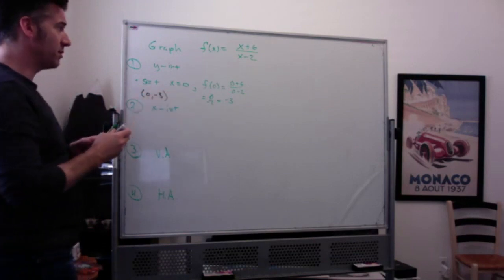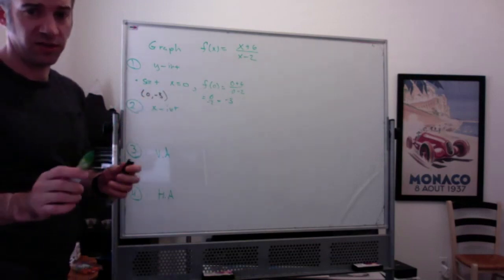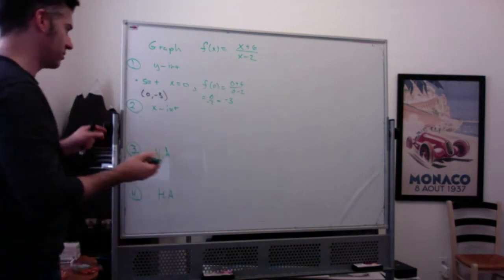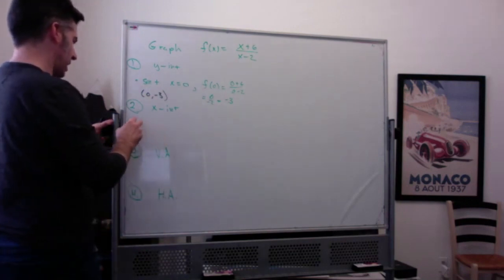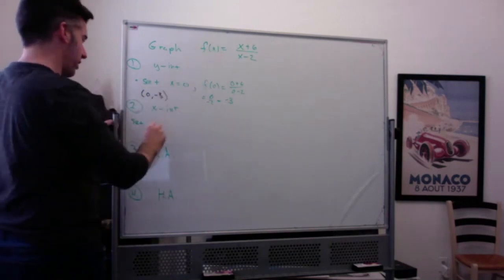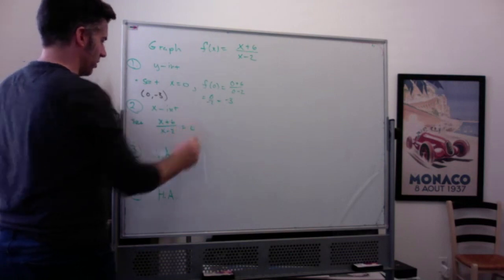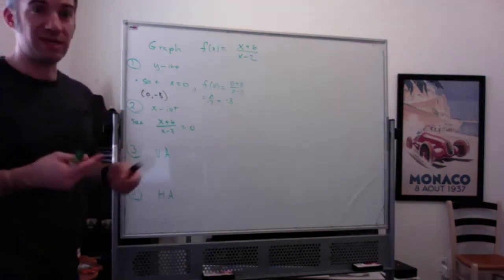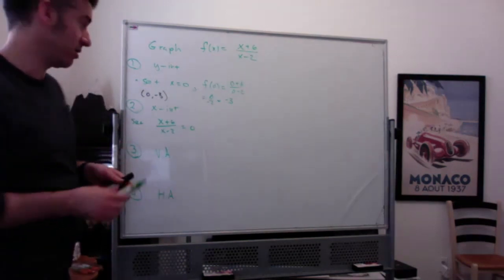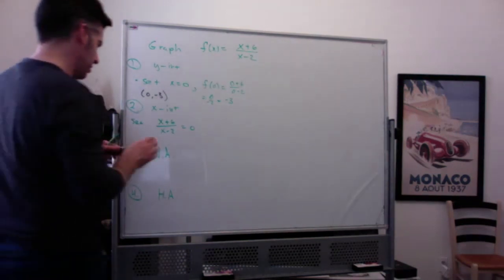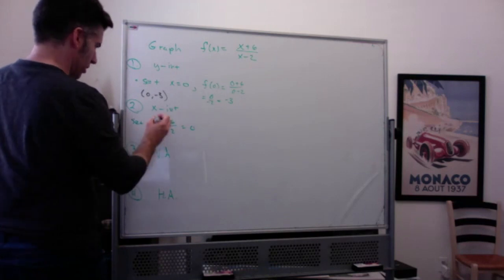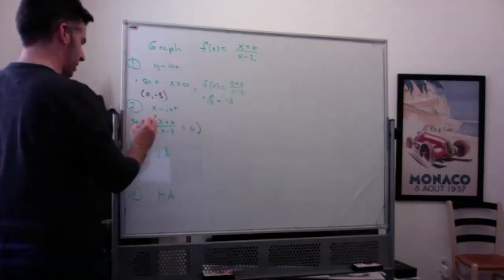For the x-intercepts, we're going to set the whole thing equal to 0, and then we're going to do something right away. We're going to set the whole thing, x plus 6 over x minus 2, equal to 0. And then we're going to immediately multiply both sides by the denominator, x minus 2.